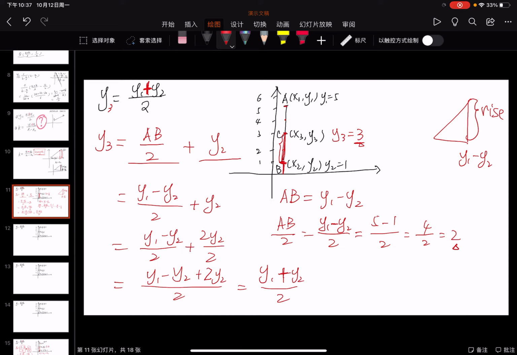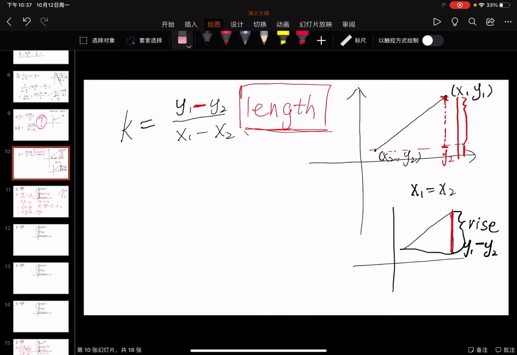So to make a conclusion, when we go back to this first case, we see that if we only need the length, then we can use y1 minus y2. Good enough.